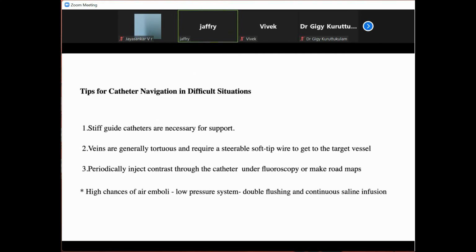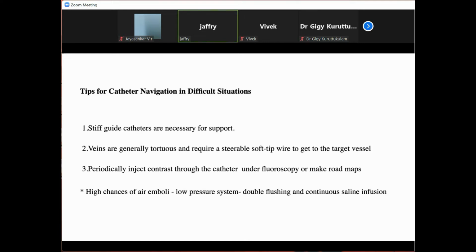So stiff guide catheters give adequate support in difficult situations. As veins are tortuous, they need a steerable soft tip wire to reach the target vessel. While negotiating through this system, it is always better to inject under fluoroscopic guidance or make roadmaps like routine arterial procedures.